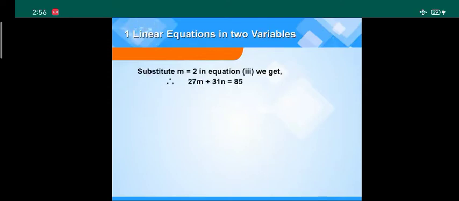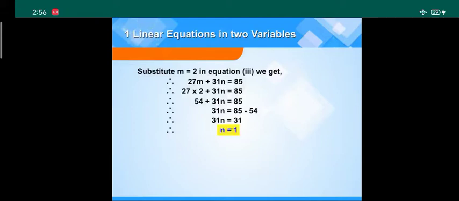We get 27m plus 31n is equal to 85. Therefore, 27 into 2 plus 31n is equal to 85. Therefore, 54 plus 31n is equal to 85. Thus, 31n is equal to 85 minus 54. Therefore, 31n is equal to 31. It gives n is equal to 1.